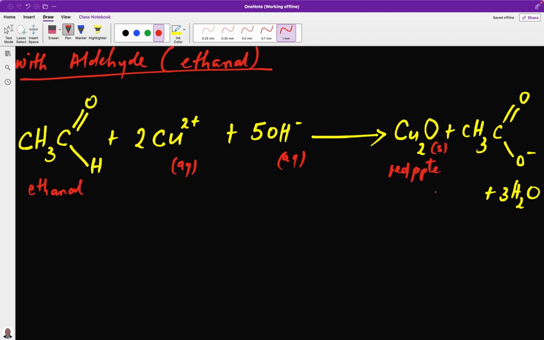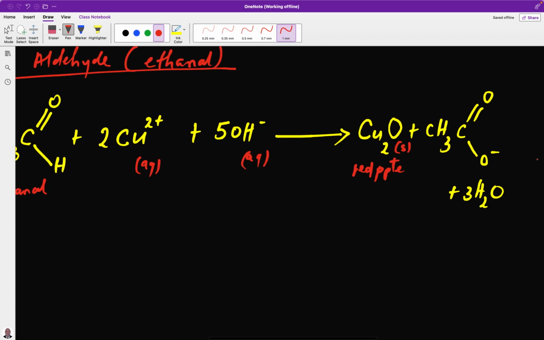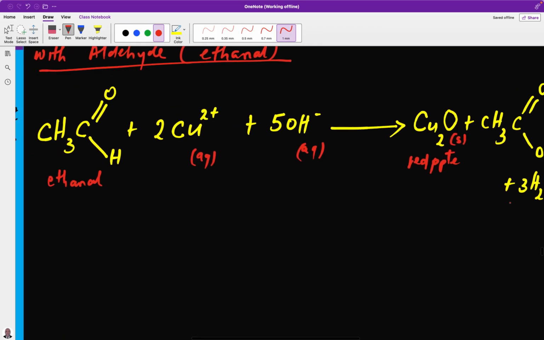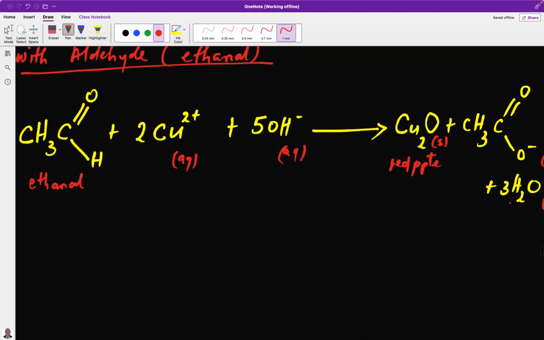This is aqueous. This is aqueous. And this is water. So this is the reaction that is taking place there.